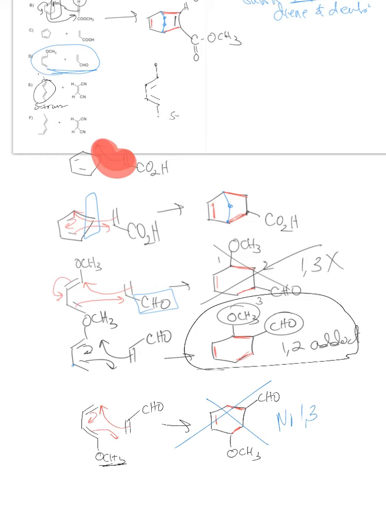So this is in the S cis, because we can rotate around that sigma bond to get in the S cis at room temperature. So it would be a slower reaction. Now notice in your diene, you have cis. So this is cis. So when we do this, we will need to make sure we draw those in cis.